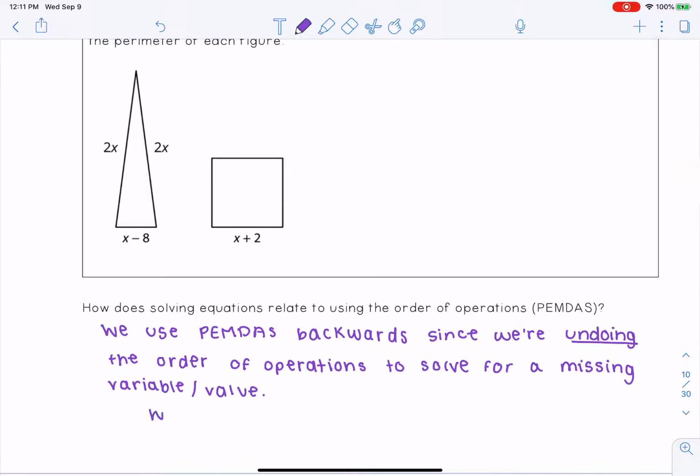And we call this SADMAP. So think of them as going hand in hand. One is for simplifying and one is for going backwards to solve for the variable.